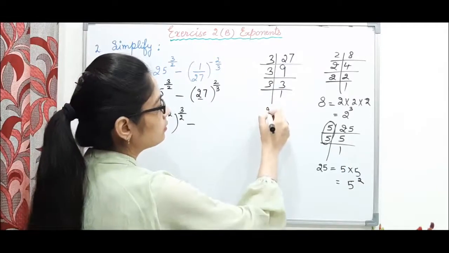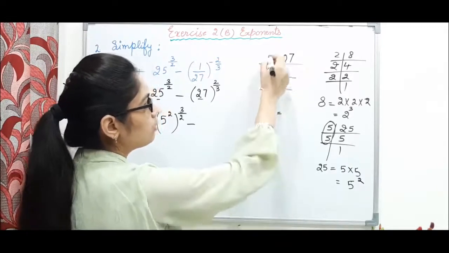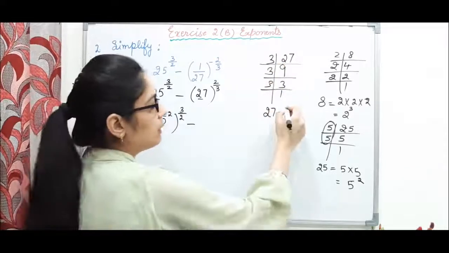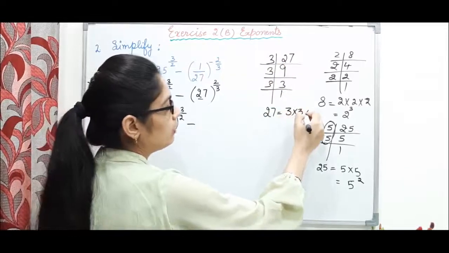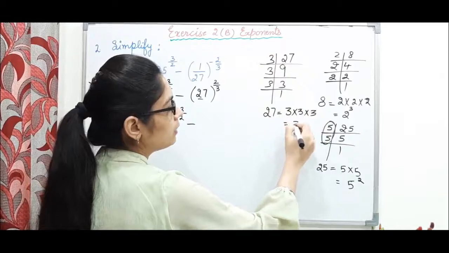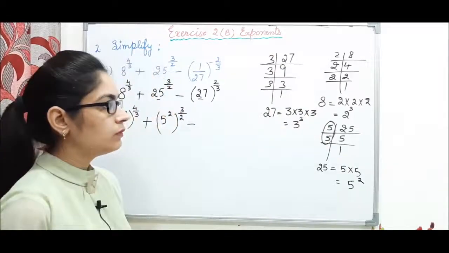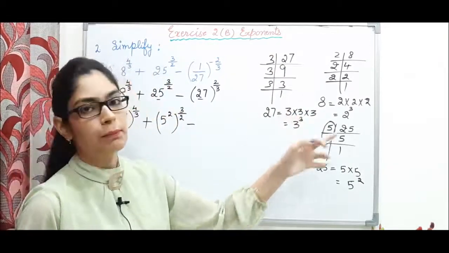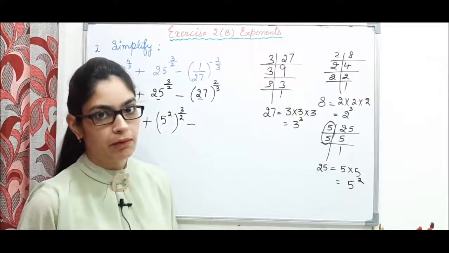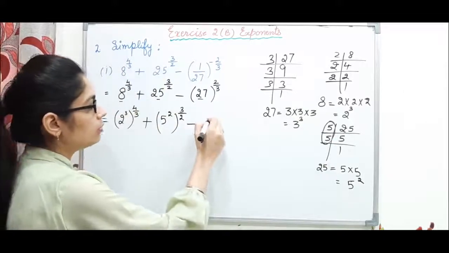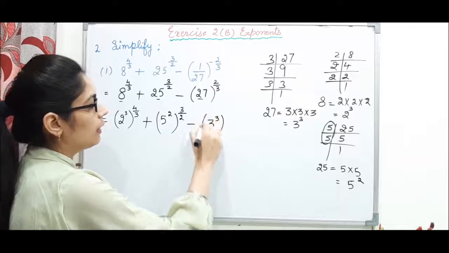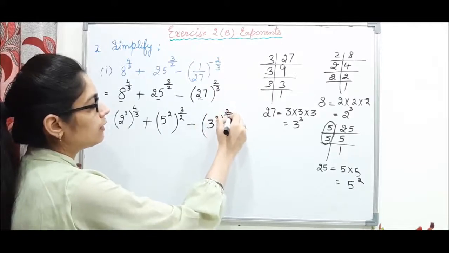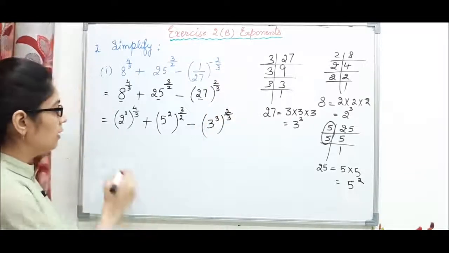So I can see here 27 is equal to, when we multiply 3 with itself 3 times, 3 to the power 3. See, the power is how many times we are multiplying the same number. So 27 is 3 to the power 3, and 2 by 3 as it is we can write.